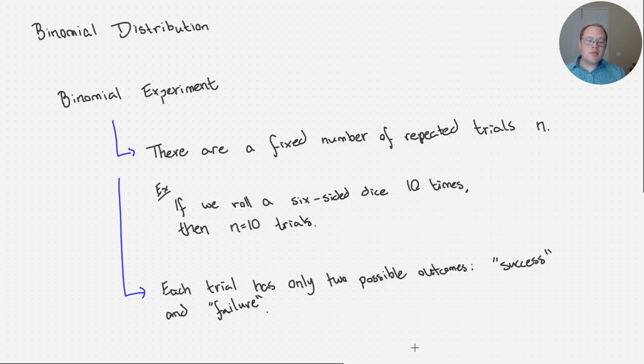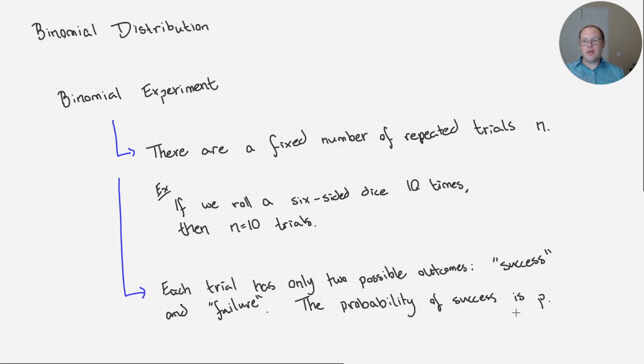We notate the probability of success with the letter p. The probability of success is p. Now, because there are only two possible outcomes, the probability of failure is the complement of success, right? You could only do the two things.